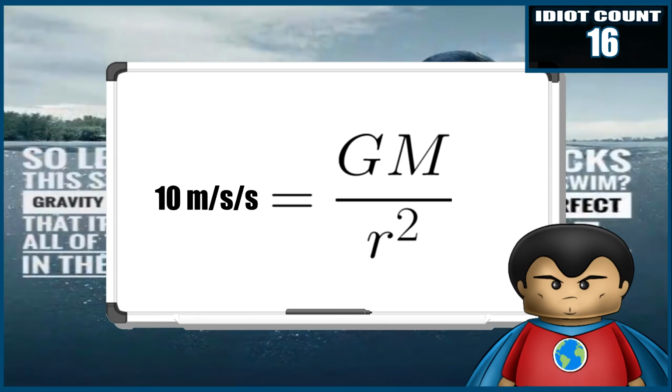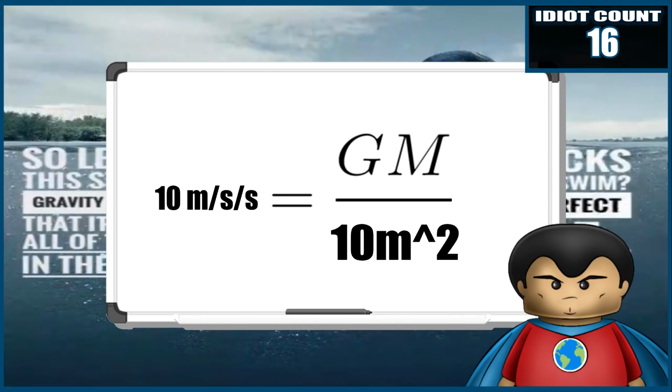Now let's set a size for this sphere, because it can't be too big as it makes this thought experiment impractical. So let's say that the radius of the sphere is 10 meters. Now that we have the acceleration we need and the distance from the center of mass, we can find out what total mass the sphere would need to be to overtake the gravitational pull of the Earth and have water sticking to the outside.